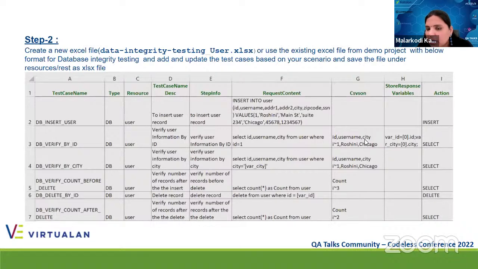These three represent the fields, whatever fields we are selecting. Under this, we have the values we are going to validate. Here I am selecting only one row, so I have I~1, comma, Roshni, Chicago.